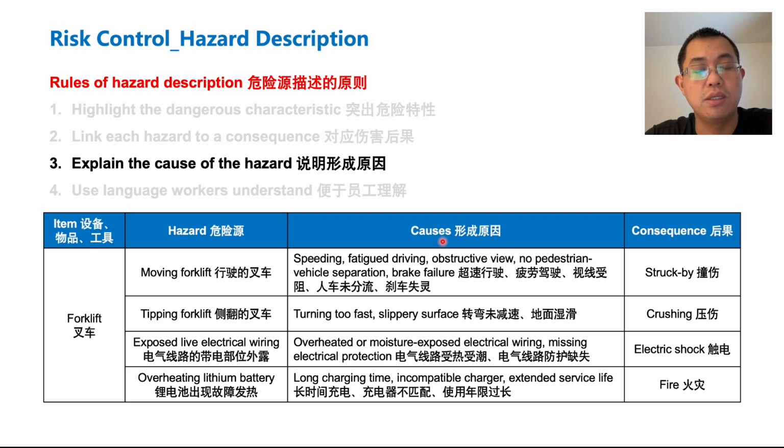This is because when we understand the causes of each hazard, it will become easier for us to develop targeted control measures. So when we ask our workers to identify hazards, we'd better also ask them to write down any of these causes they are aware of, because this will help us control the hazards more effectively.